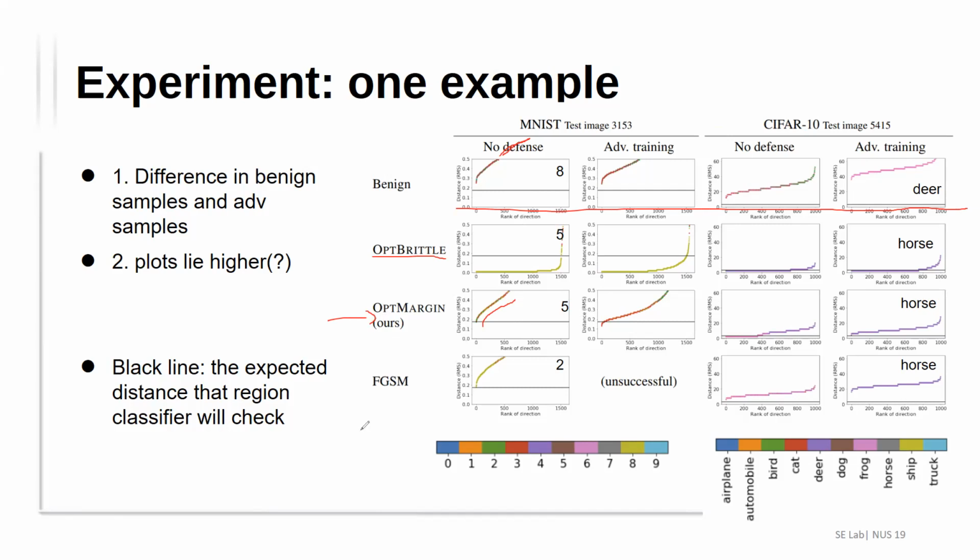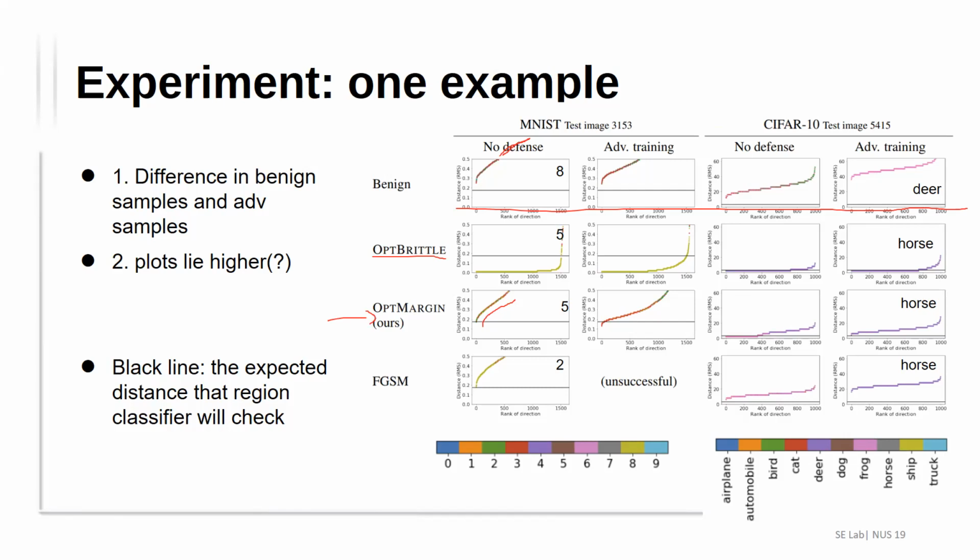Let me think about it. So for the opt margin, it needs to take more steps to reach the boundary. It seems that given an adversarial sample, it always lies somehow in the cross boundary of multiple classes, right?